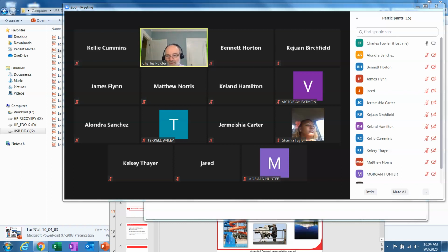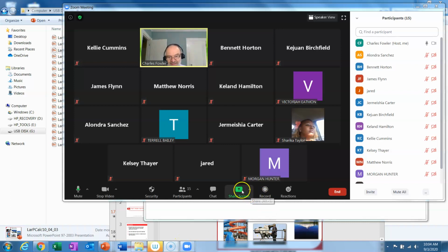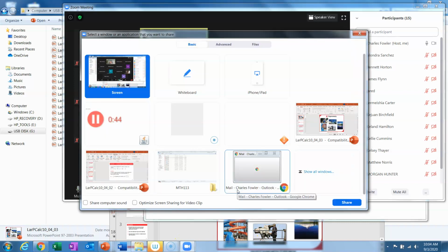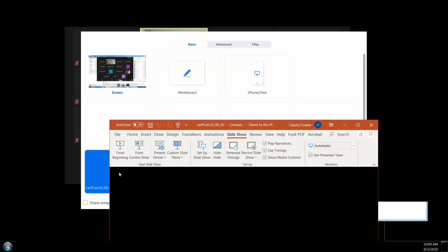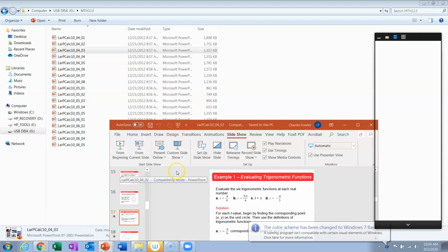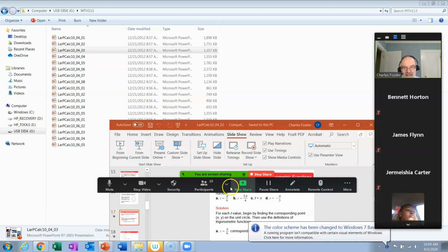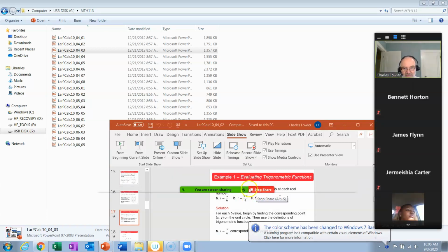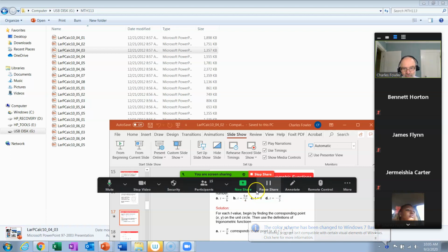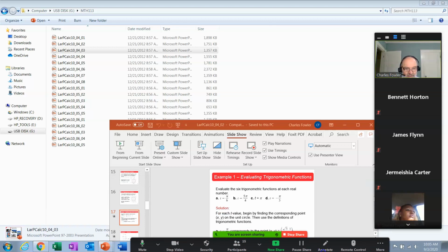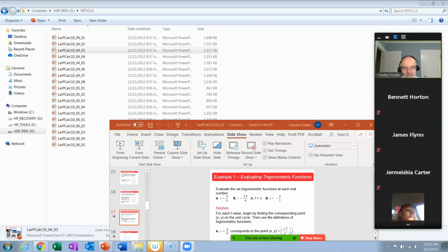Okay, we are recording now. Let me get my screen sharing started. And we are in 4.2. We hopefully will move along on that today. I'm going to need to move this taskbar out of the way because it's smack dab in this part of the screen that I want to read.